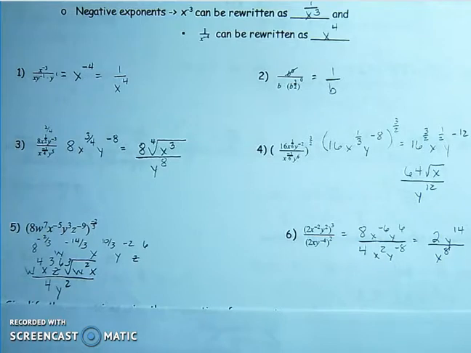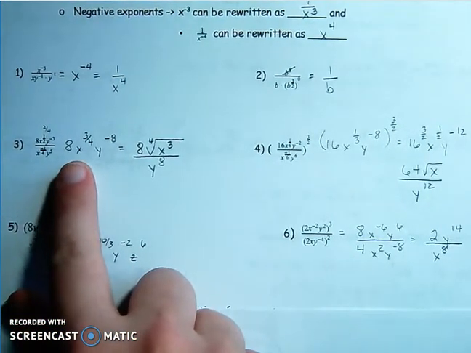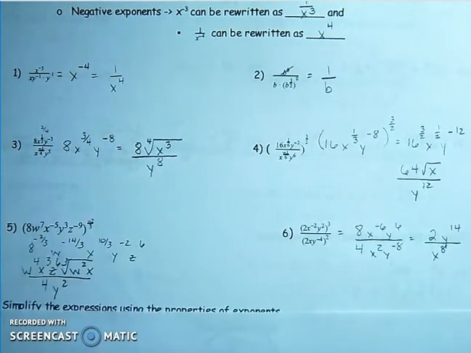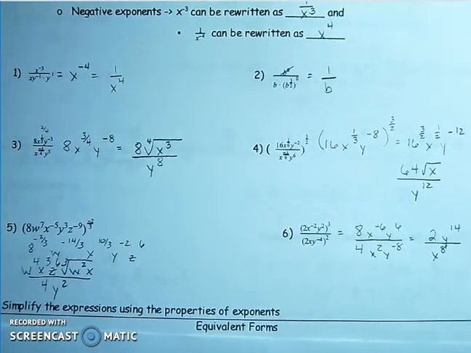So 3, your answer is 8x to the 3/4, or 4 roots of x to the third. We will talk about that form in just a minute with y to the 8th on the denominator. So if you said x to the 3/4 over y to the 8th, you're okay. On 4, it is 64x to the 1/2 divided by y to the 12th. You can write 1/2 as a square root power.